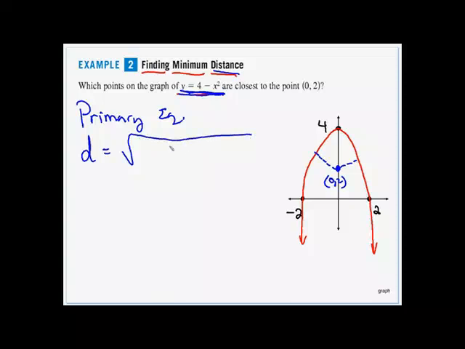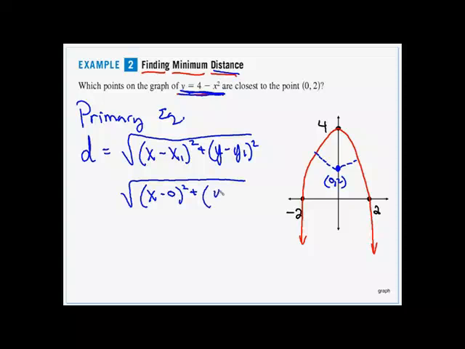Under the radical, we have x minus x1 quantity squared plus y minus y1 quantity squared. That's the distance formula between two points. In here, our given point is (0, 2), so we can plug that in for x1 and y1. We're going to have the square root of x minus 0 quantity squared plus y minus 2 quantity squared.